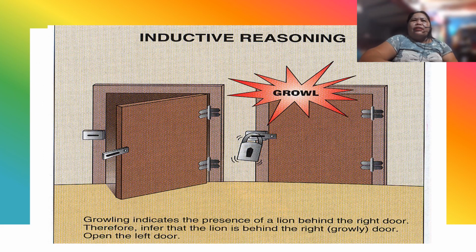Now this is an example of inductive reasoning. Growling indicates the presence of a lion behind the right door. Therefore, infer that the lion is behind the right door. So it's a growly door. Open the left door.